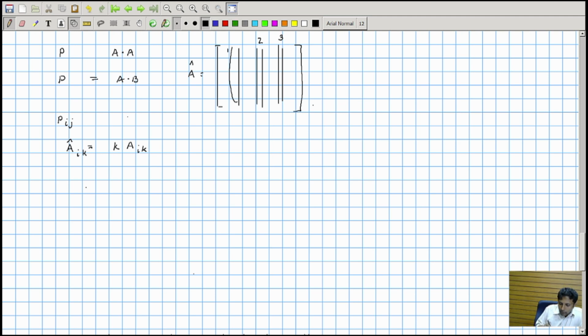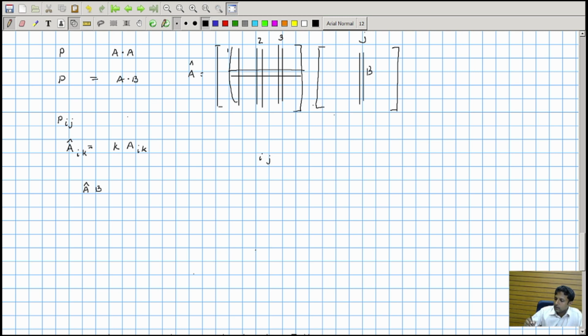Now if you multiply A tilde with B, let's look at the ijth entry. Now the ijth entry is obtained by multiplying the ith row with the jth column.